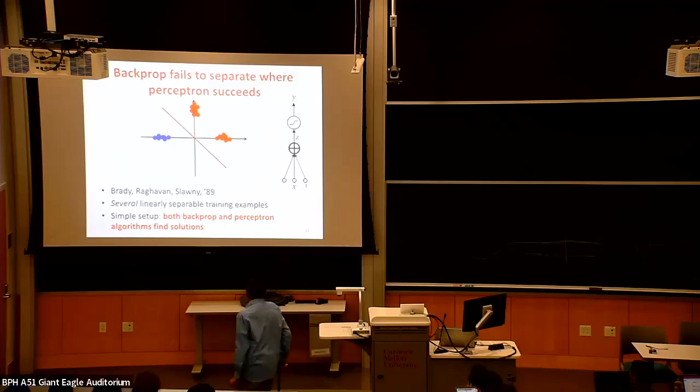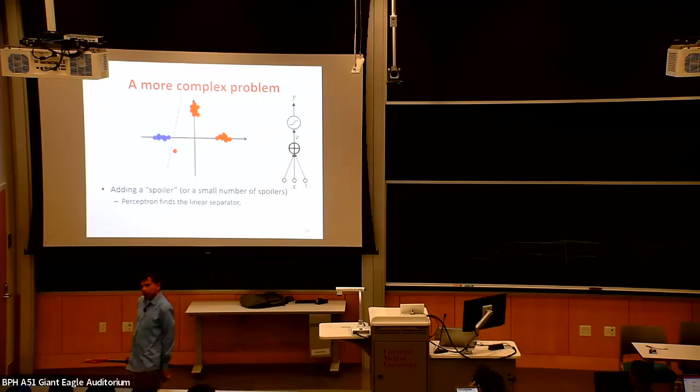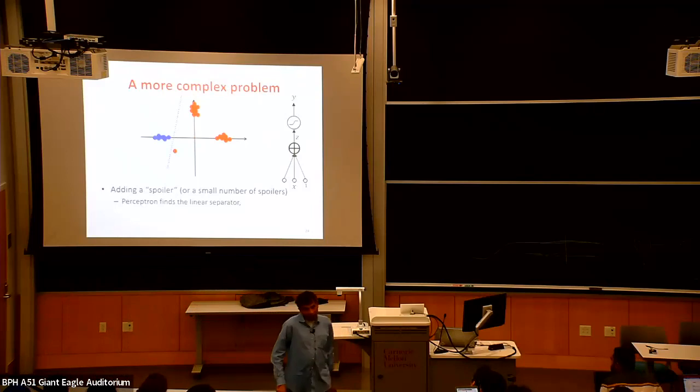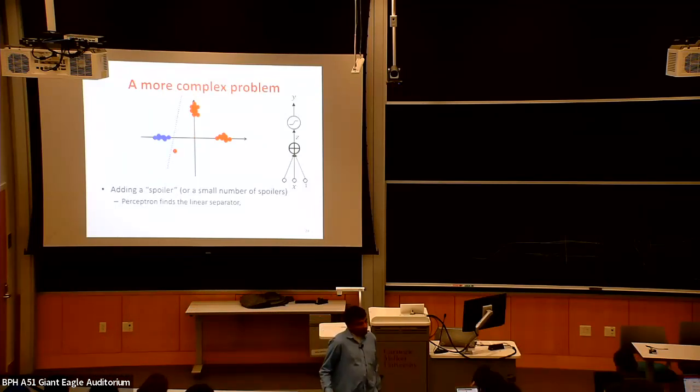But then, suppose I add just one spoiler here, a red dot just to the bottom right. Now the classes are still linearly separable, right? And would the perceptron rule find a decision boundary? In this case, yes. It's probably going to find something like the dotted line.